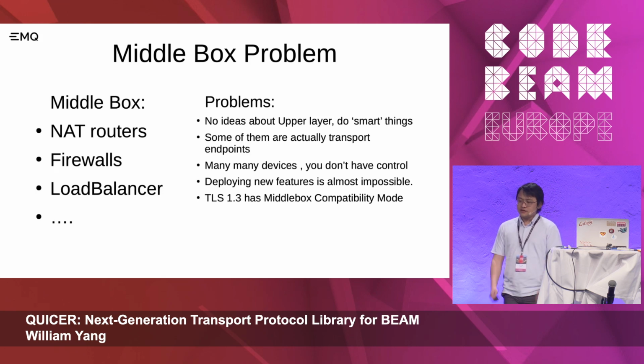We have lots of middleboxes, and no single vendor has control. So deploying new features onto those middleboxes is almost impossible when it comes to a new standard. Even when deploying TLS 1.3, there is a middlebox compatibility mode, where TLS 1.3 tries to pretend it is TLS 1.2 to pass through all the middleboxes.